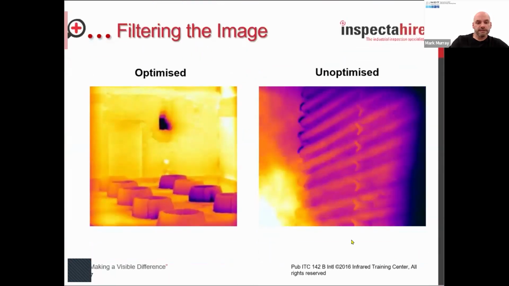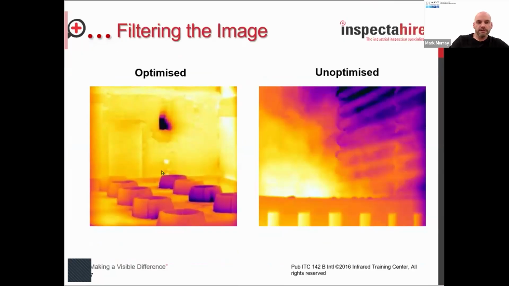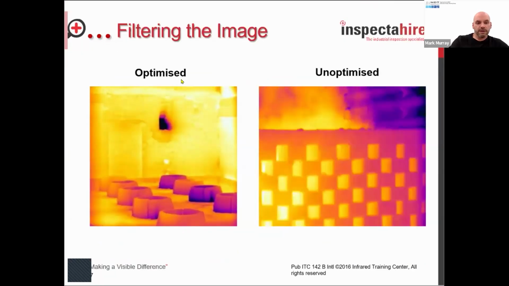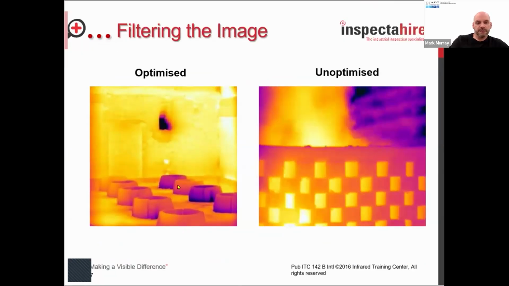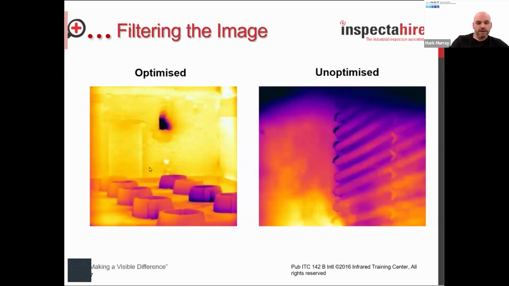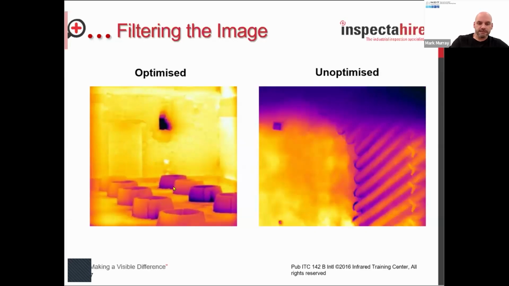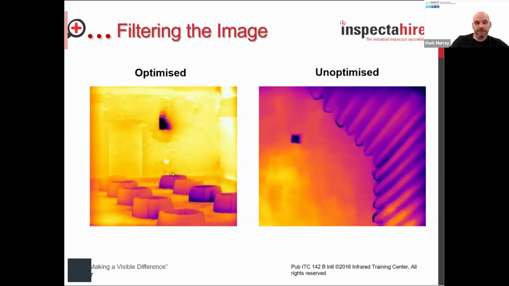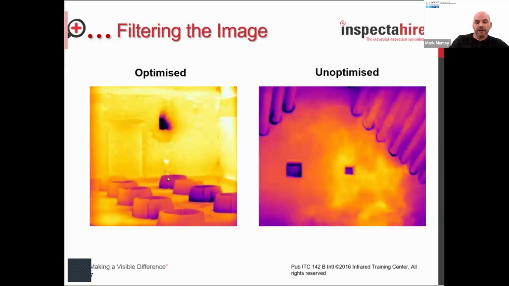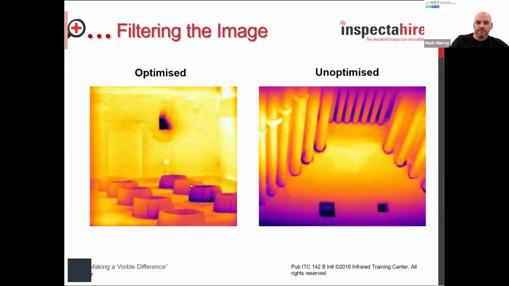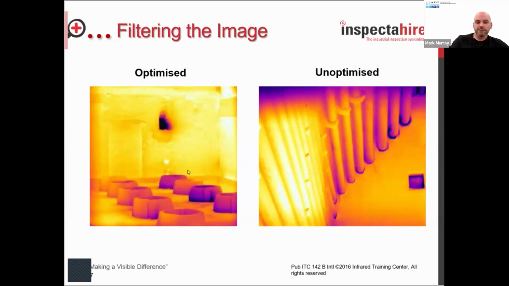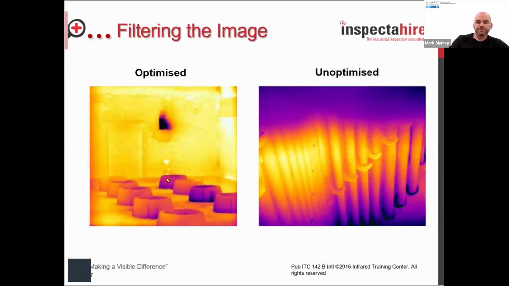Here we have an example. On the left-hand side, we've got a nice optimized image. We've got no smoke to be seen. And in this situation, which is quite rare in my experience, we would be able to be very confident with our temperature measurement in this environment.